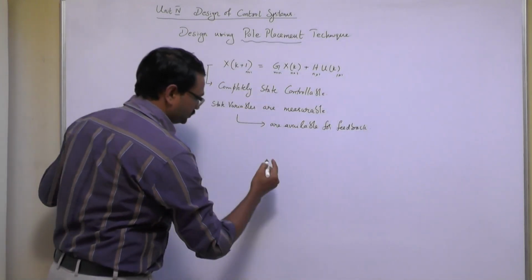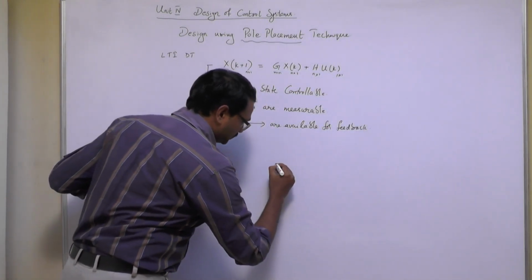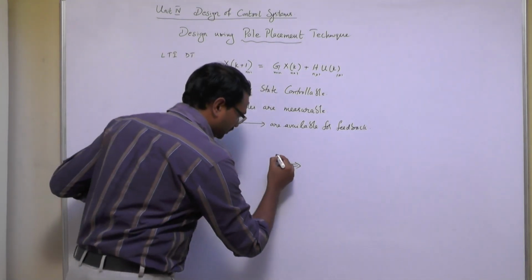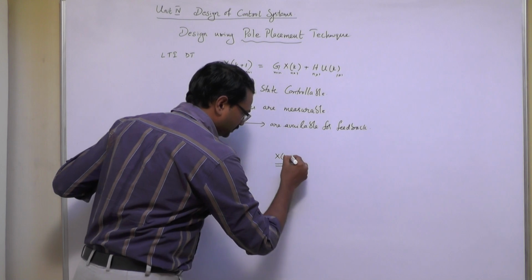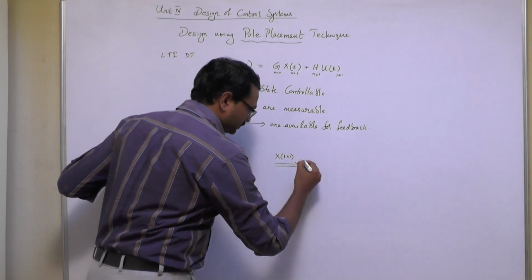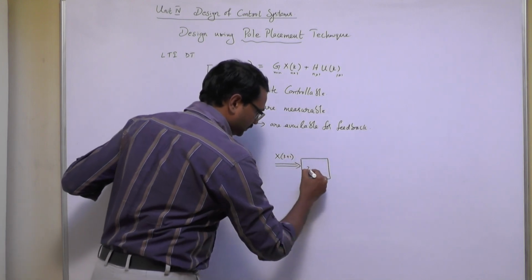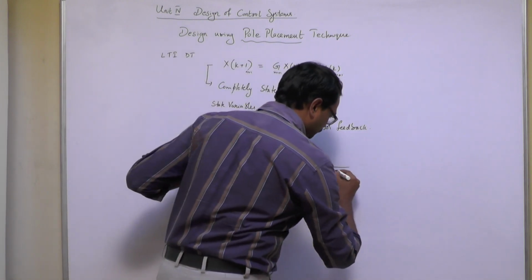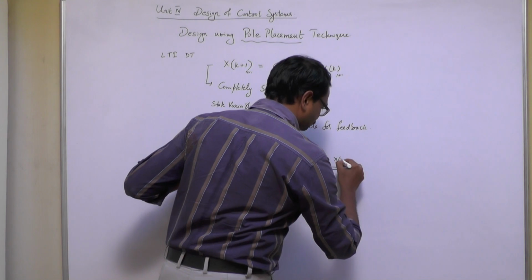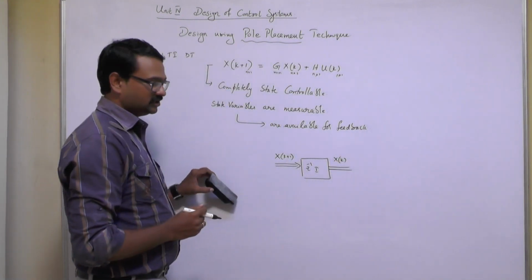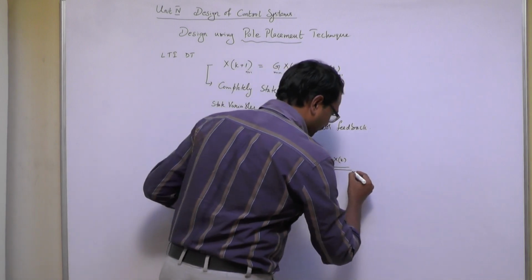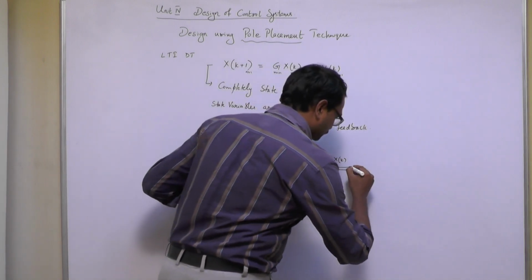x of k plus 1 is equal to g x of k plus h u of k. I am drawing double lines because it is a vector. If I apply z inverse to x of k plus 1, I am bound to get x of k here. Inverse Z transform of x of k plus 1 is x of k.